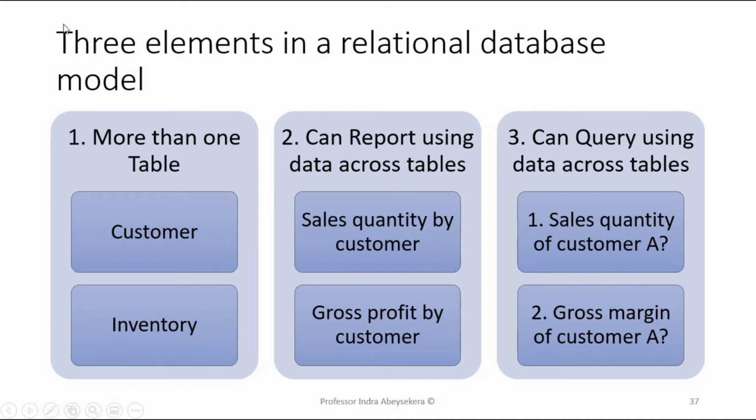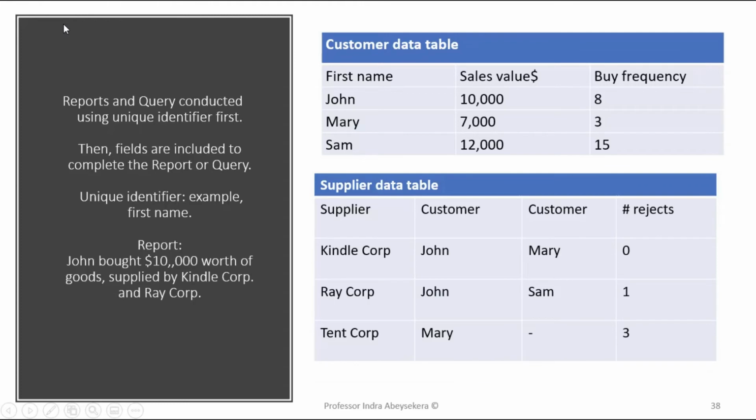I can make queries using this data. So the reports and queries are conducted using a unique identifier first. These fields are included to complete the report or query, and the unique identifier could be, for example, the first name of the customer.